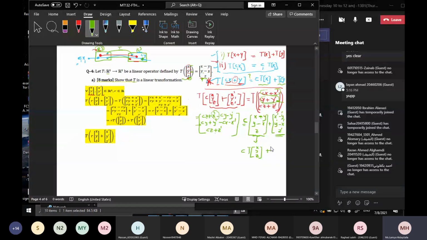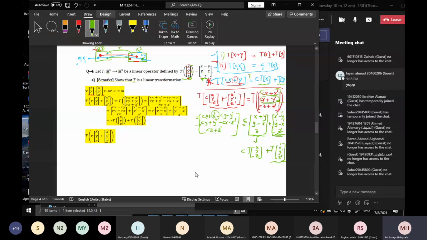This is the transformation of x dash, y dash, z dash. So did I reach? Yes, I reached. The transformation of the first plus the transformation of the second, c multiplied by. So yes, it is true that your transformation is a linear transformation.